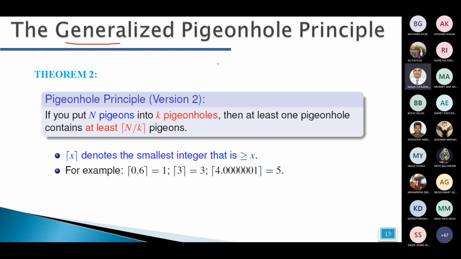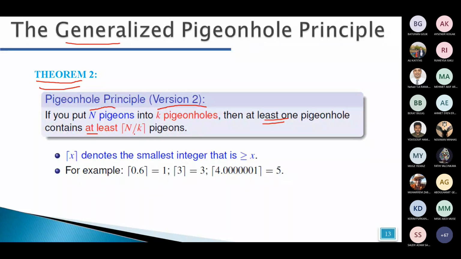This is the generalized pigeonhole principle, which is Theorem 2. Theorem 2 says if you put n pigeons in k pigeonholes, then at least one pigeonhole contains at least the ceiling of n divided by k. And this is not an absolute value, it's an integer.